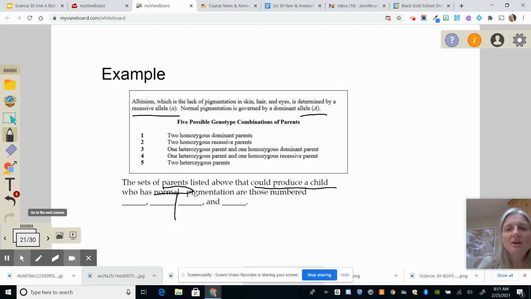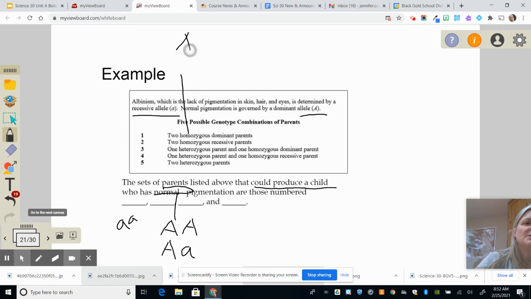Okay, so normal pigmentation would be a child that has a dominant allele. It has to at least have one dominant allele. It could have two dominant alleles, or it could have a dominant and a recessive, and it would still be normal. It just can't have that. That gives albinism. All right, so the first question, we have two homozygous dominant parents.